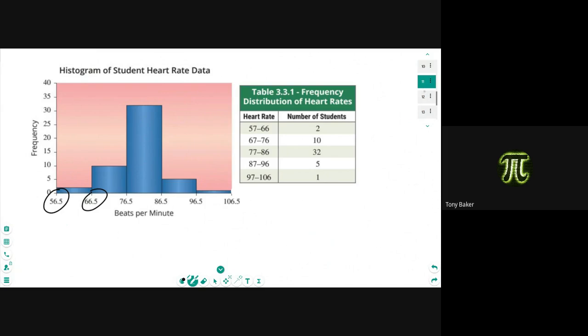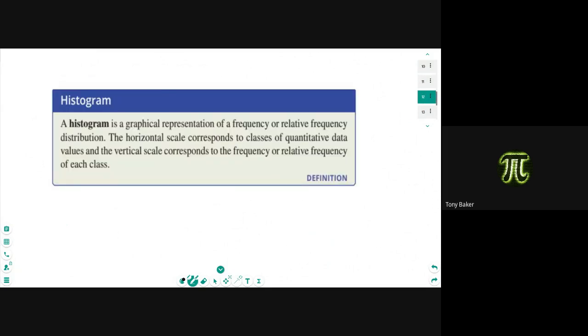All right. The official definition of a histogram. It's a graphic representation of the frequency or relative frequency. So the histogram that I showed you was the frequency, but you could easily have made it a relative frequency by just doing the percentages there instead of the total counts. Either one of those values work.